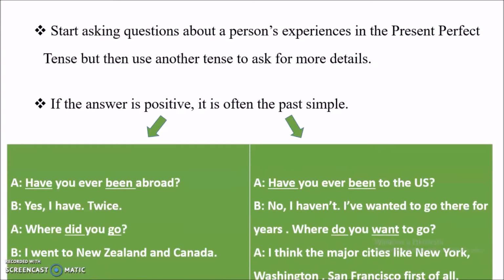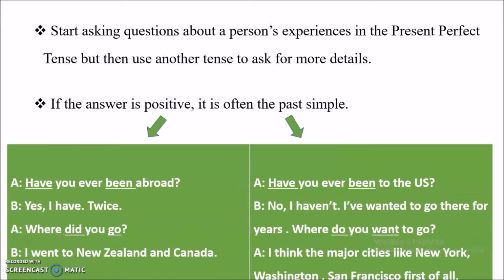Let's have a look at the conversation on your left-hand side. First person asks, have you ever been abroad? So this is someone's experiences that I'm asking. That is why I use present perfect tense. And the answer is yes, I have, twice. And now I'm going into details, and at this point, you can do this with using past simple tense, because from now on we know that something happened for sure and I'm asking for the details.